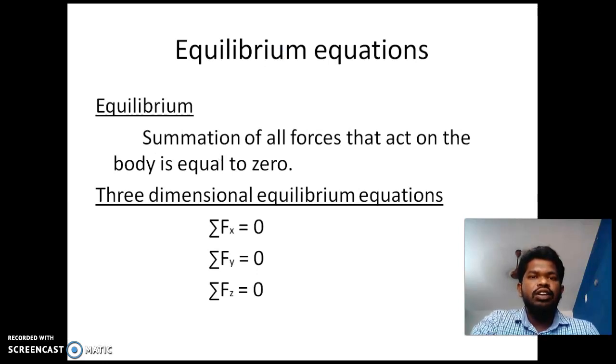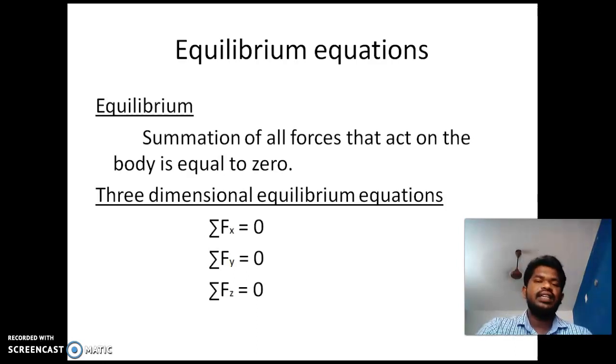Next, equilibrium equations. Equilibrium means the summation of all the forces that act on the body is equal to 0. Here are the three-dimensional equilibrium equations. The first equation, summation of Fx equal to 0. That means in a three-dimensional object, the summation of all the forces in the x direction is equal to 0.